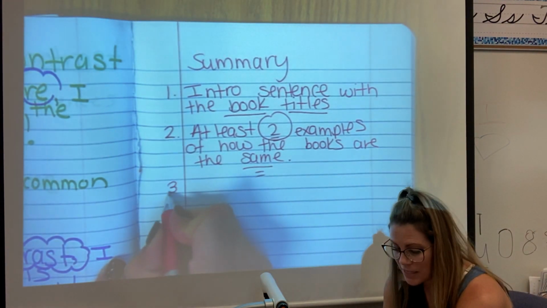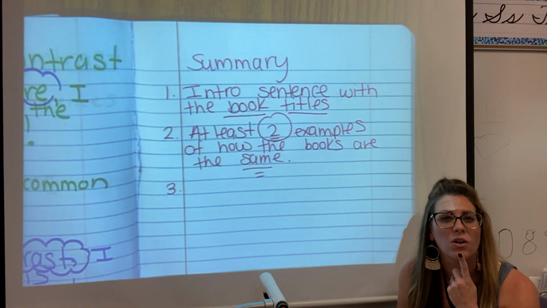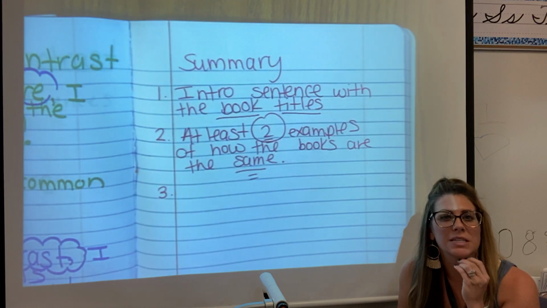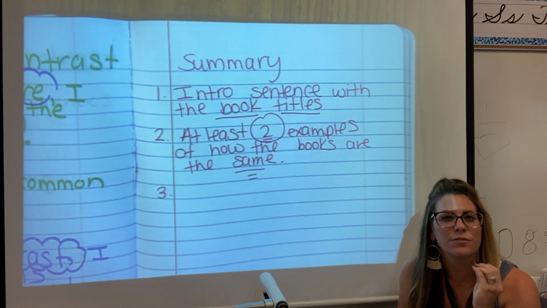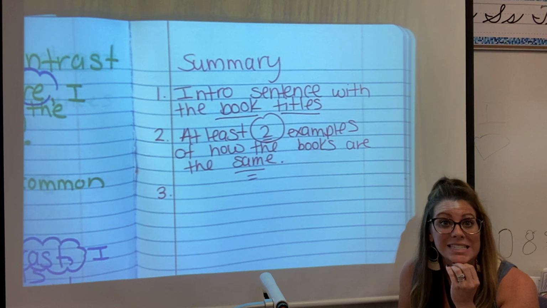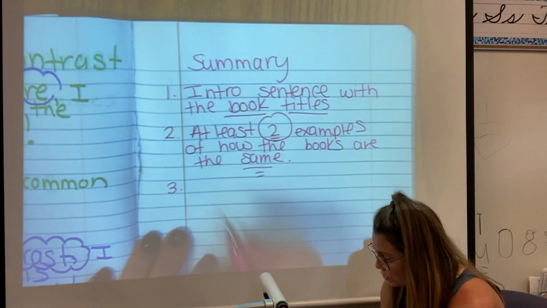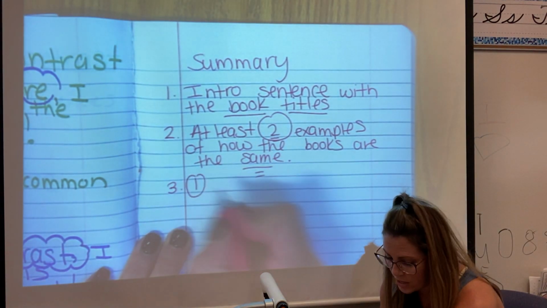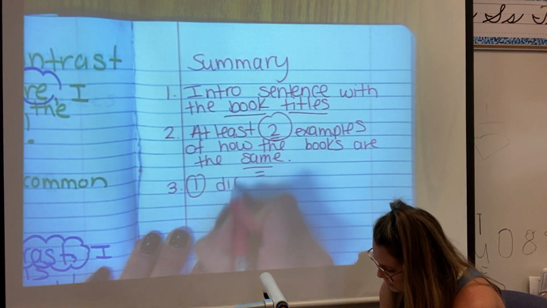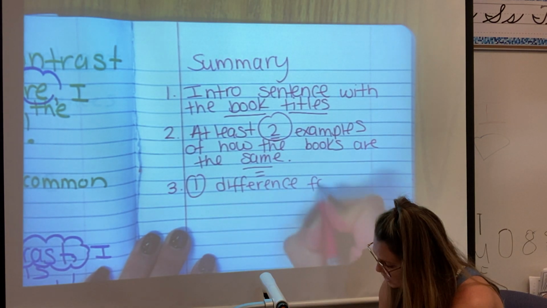But the next one is differences, and what's that called? Compare means the same, difference means contrast. When we contrast the books, you need to include the titles. So you're going to make sure you have 1 difference for each book.